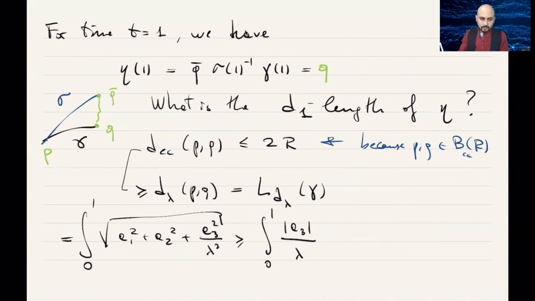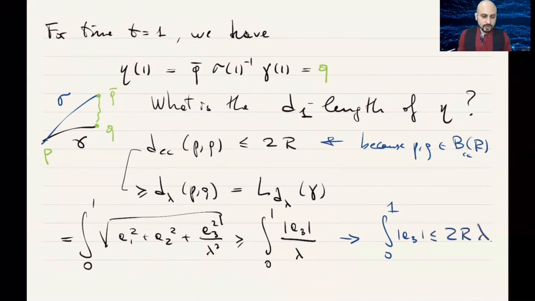So what we get is this bound, that this number here is less or equal than this one. So maybe let's write it as the integral between 0 and 1 of A3 is less or equal than 2r lambda.